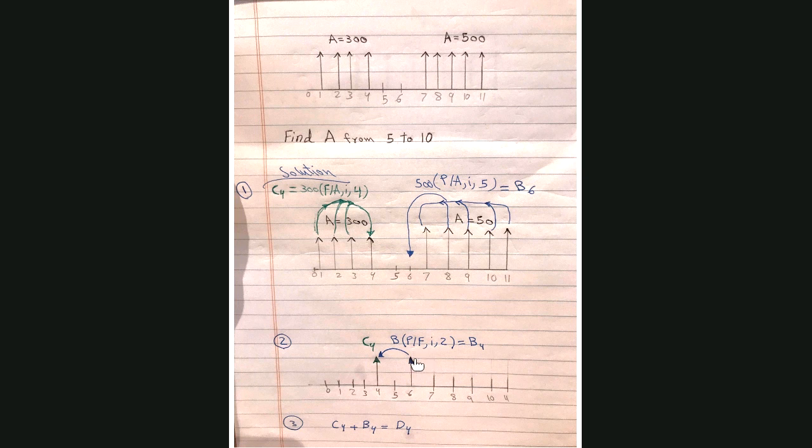For the interest rate and the number of years is 2 because 1 and 2. We want to place it at year 4. So we count the number of years. It will be 2. Okay?